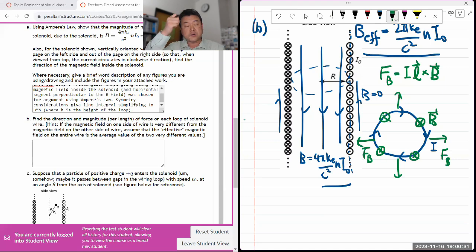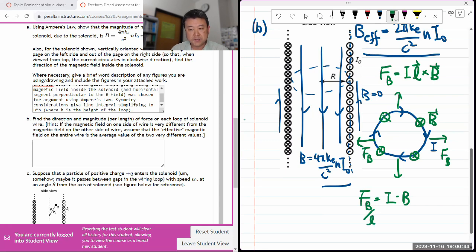Net force adds up to zero. But you can think about pressure, the kind of pressure pulling it out. Then that'll be FB of I times B. So this FB per length will be I times B.